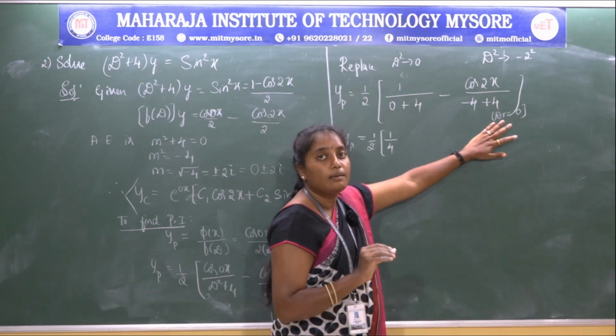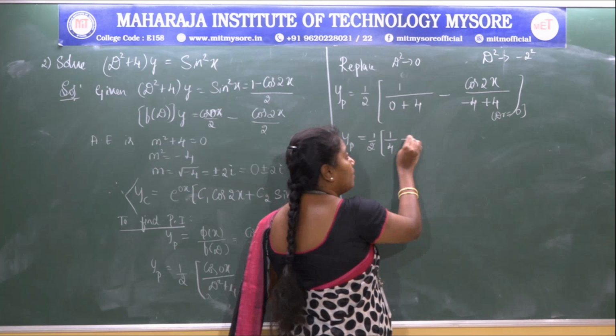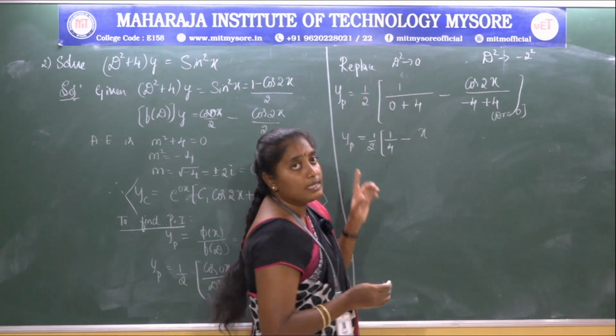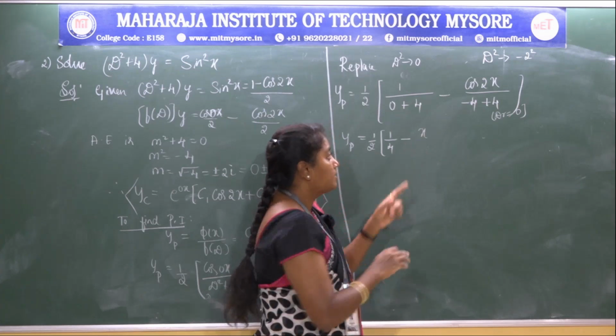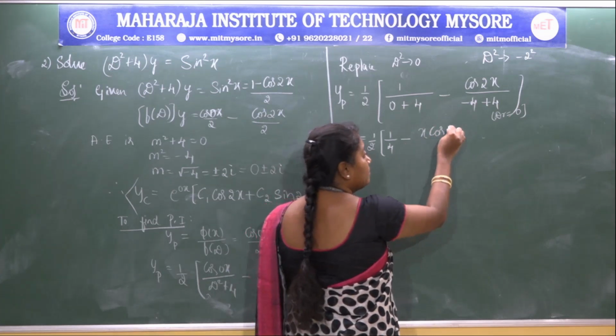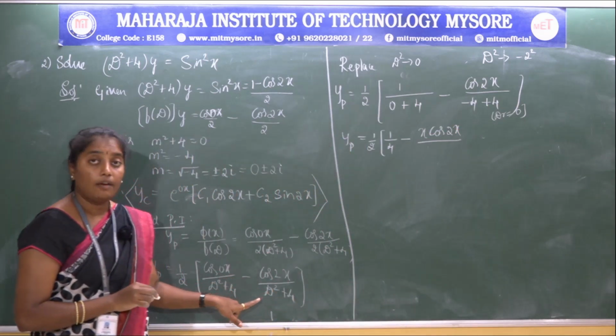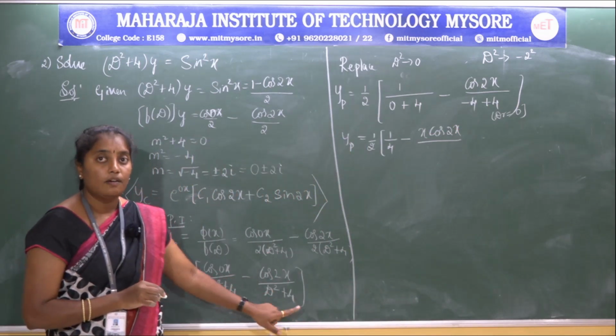If the denominator term is equal to 0, then we have to multiply x to the numerator. As I explained earlier, multiply x to the numerator, that is x into cos 2x, and differentiate the denominator. What do we have in the denominator? D square plus 4.